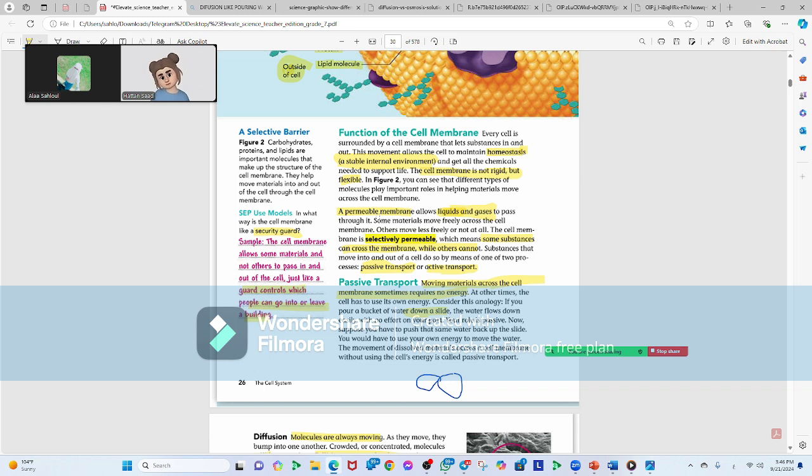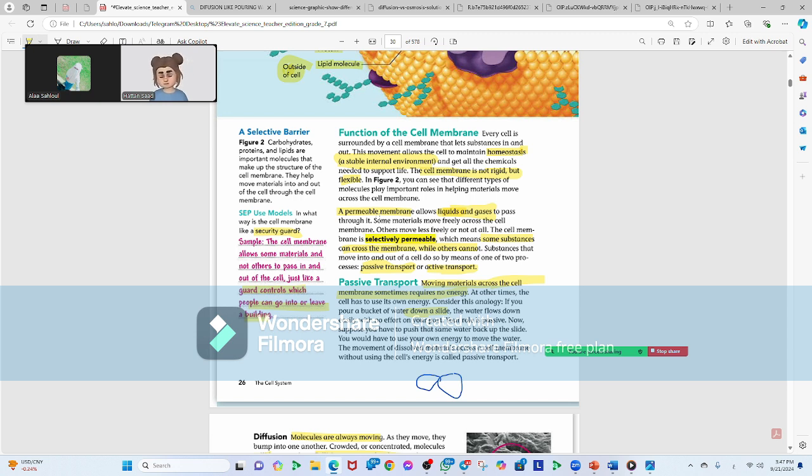So it's selectively permeable. So the cell membrane is a selectively permeable membrane, which means some substances can cross the membrane while others cannot.